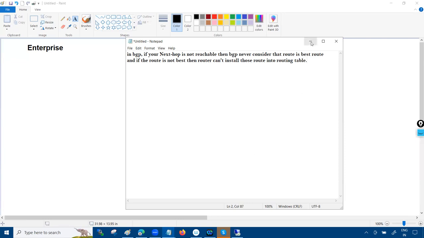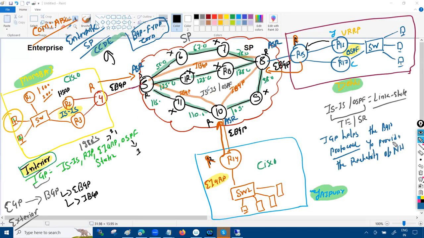So what is the IGP protocol doing over there? It just makes this subnet reachable, so that IBGP can exchange the routes and the next hop is reachable. Take an example: I have a loopback over there, 5.5.5.5, and I have a loopback over there, 8.8.8.8.